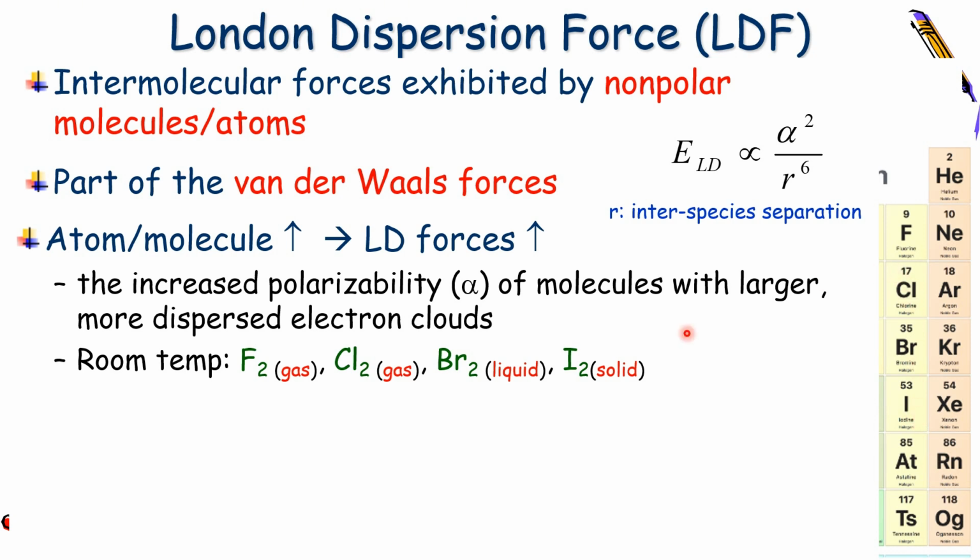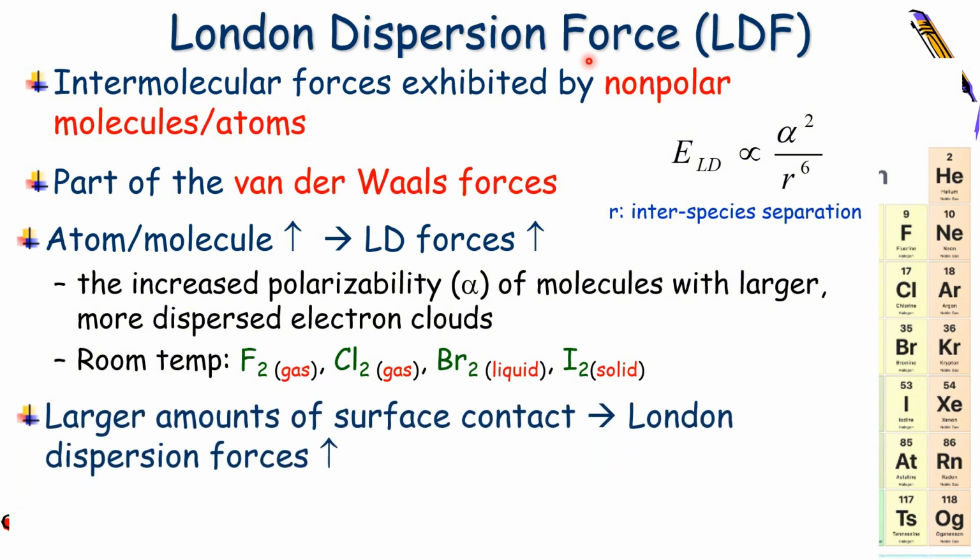You know, the environment gives the same energy, but once you have bigger atoms or molecules, it goes from gas to liquid to solid, because of the London dispersion force. So with a larger amount of surface contact, the dispersion forces will be increased.